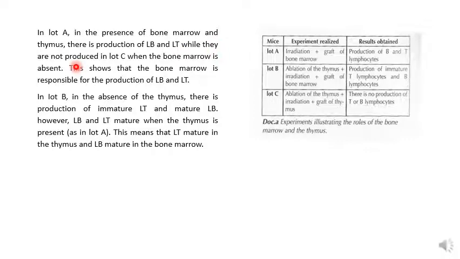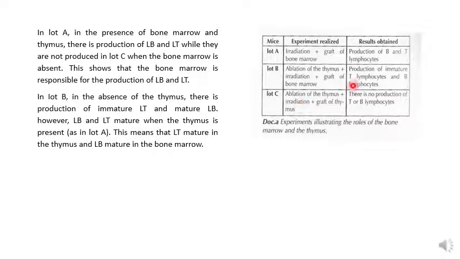While they are not produced in lot C when the bone marrow is absent. So the variable factor here is the presence or the absence of bone marrow. It is present in lot A and it is absent in lot C.